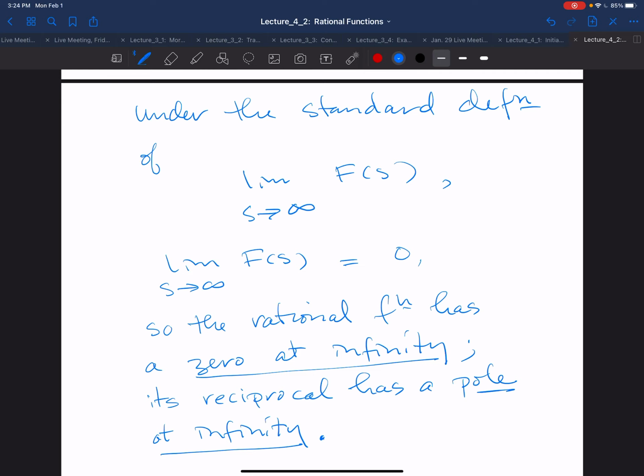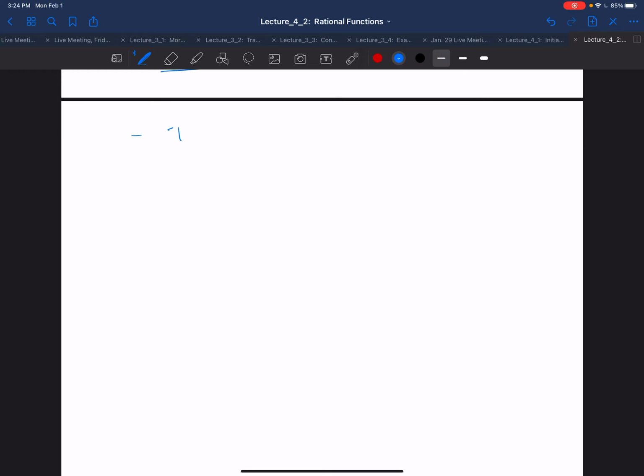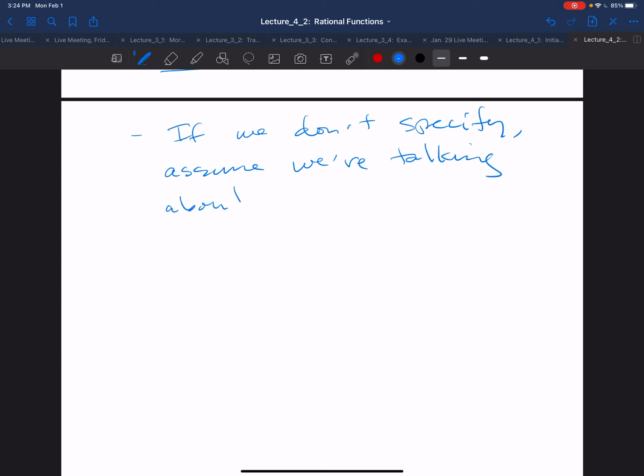So if we don't specify whether we're talking about finite or infinite poles or zeros, you should assume that we're talking about finite ones.